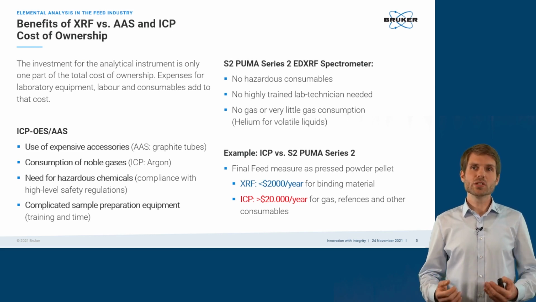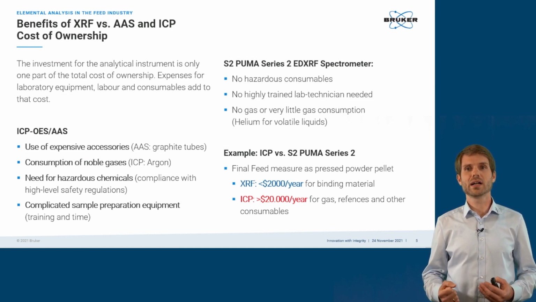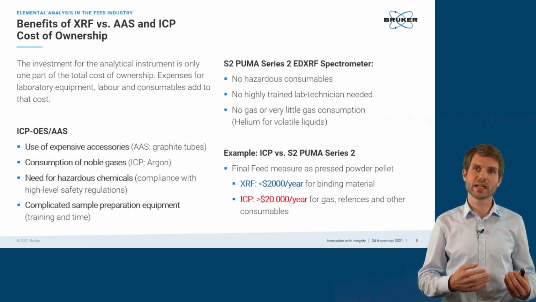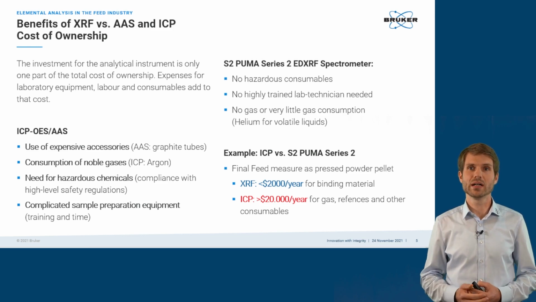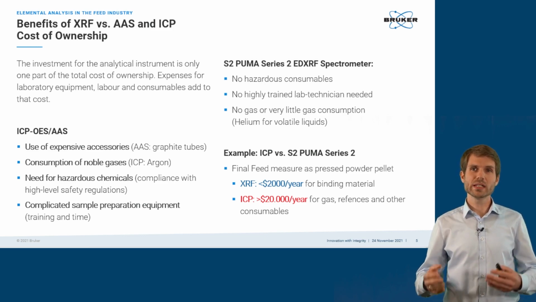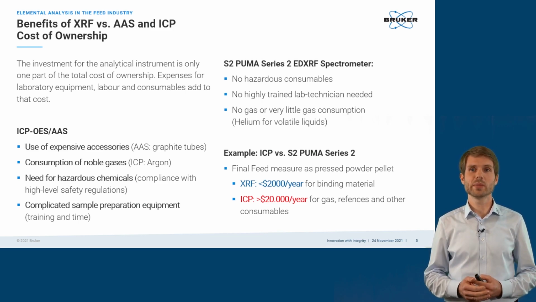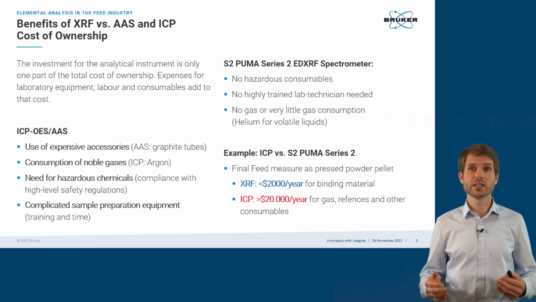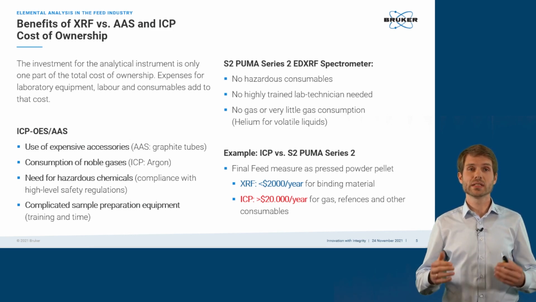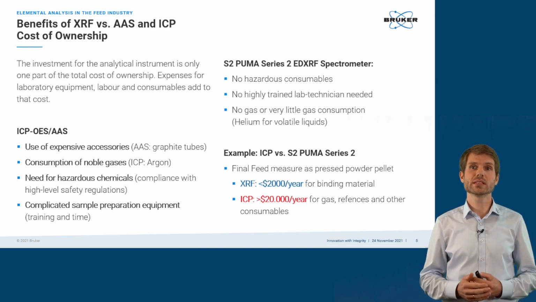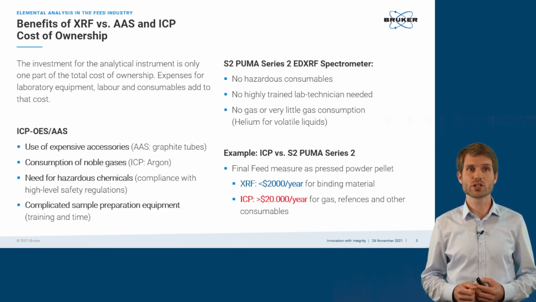More traditionally used in feed and agricultural analytics are technologies like ICP-OES or AAS. However, we have a significant advantage when we look into detail at XRF. One point is the cost of ownership.